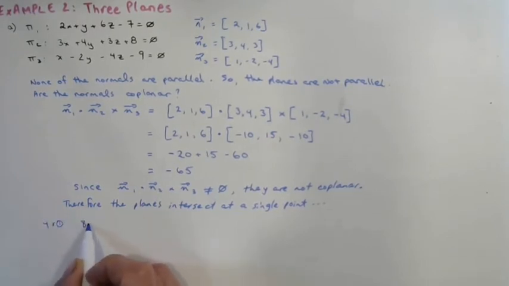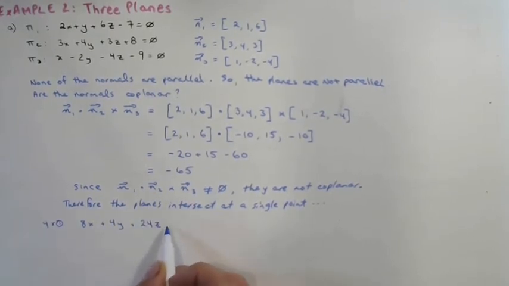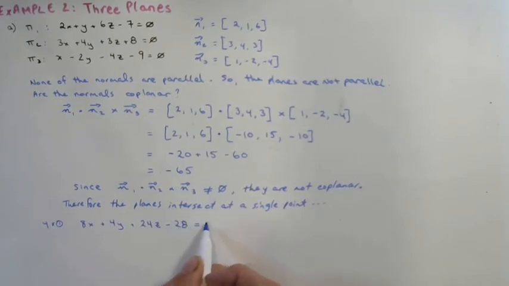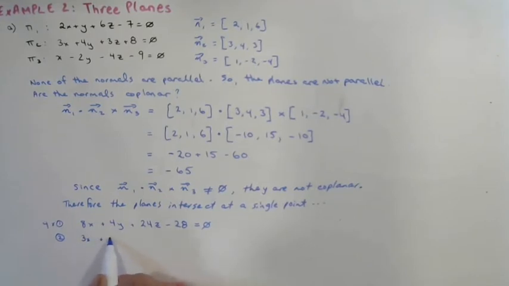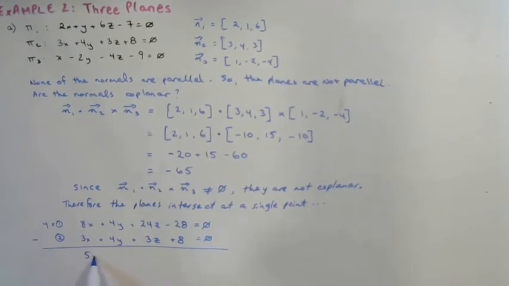It's going to give us 8x plus 4y plus 24z minus 28 equals 0. And equation 2 is 3x plus 4y plus 3z plus 8 equals 0. I'm going to be subtracting. It's going to give me 5x plus 21z minus 36 equals 0. And because I already have 1, 2, 3 equations, I'm going to call this equation 4.